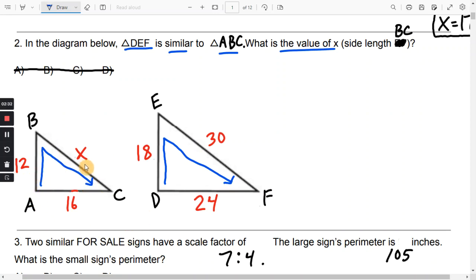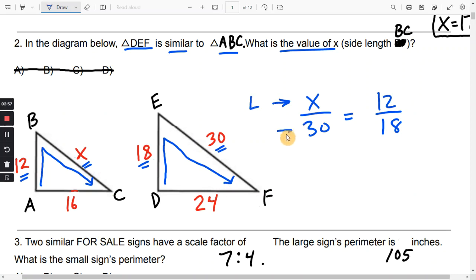All right, let's do X divided by 30. And that's going to equal 12 divided by 18. All right, so on the top, the values were from the triangle on the left, and on the bottom, the values were from the triangle on the right.